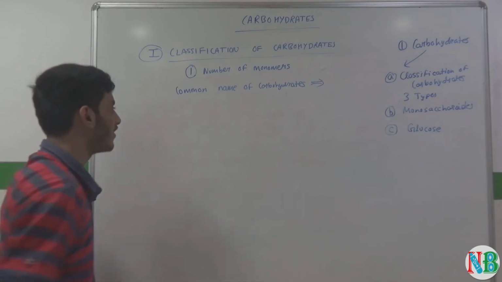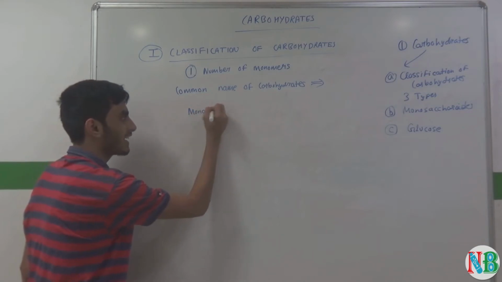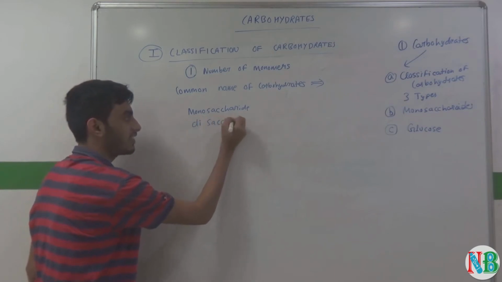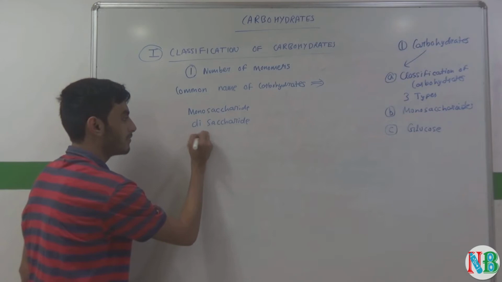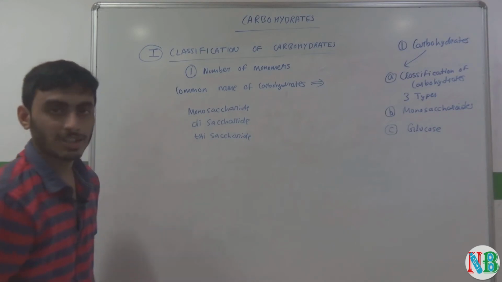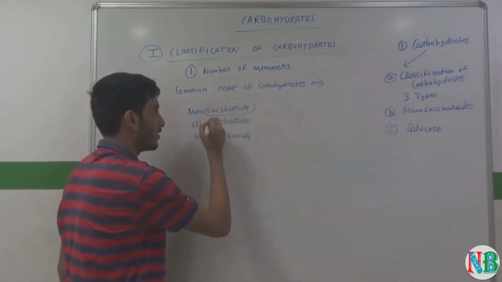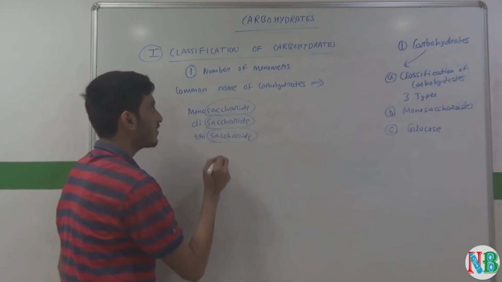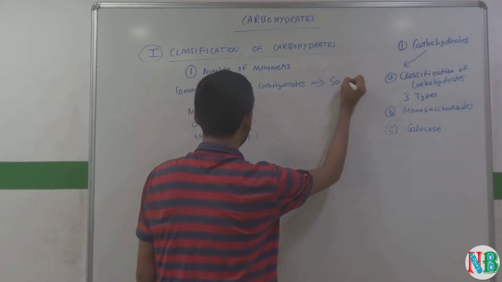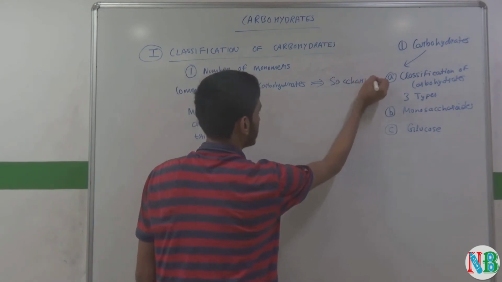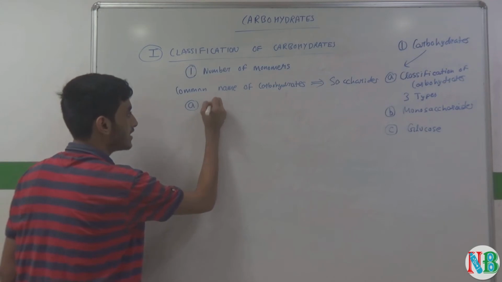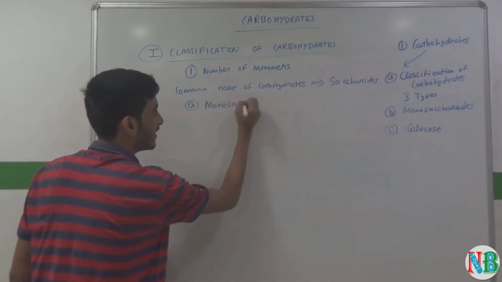I guess you have heard of terms like monosaccharide, disaccharide, trisaccharide. In these terms, the second part is the same. The common name of these compounds is saccharides. Under this classification, the first one is known as monosaccharide.